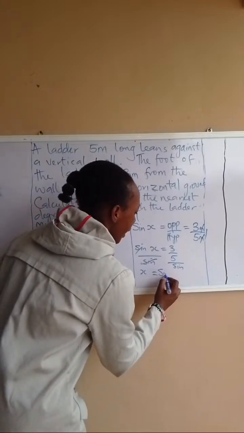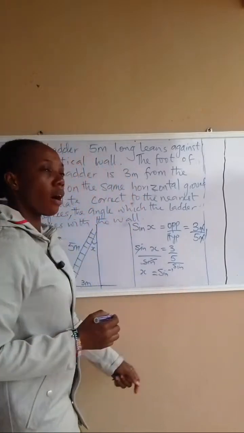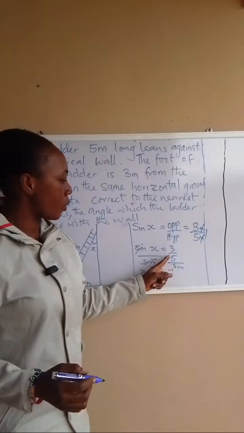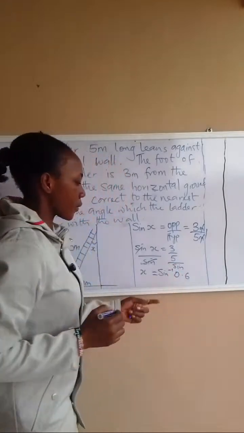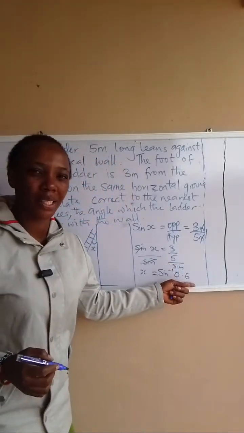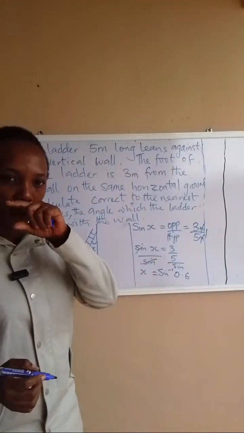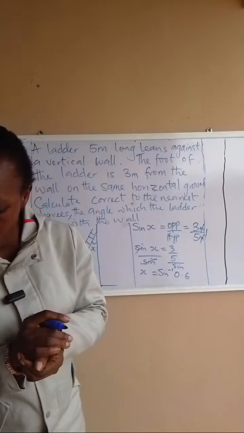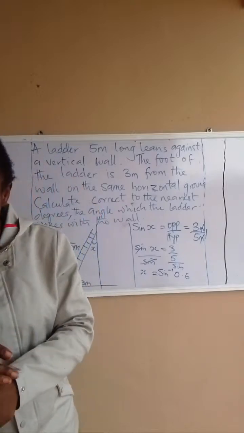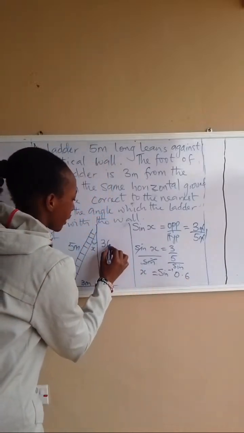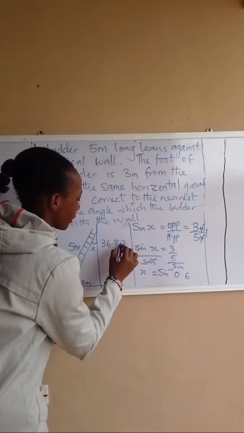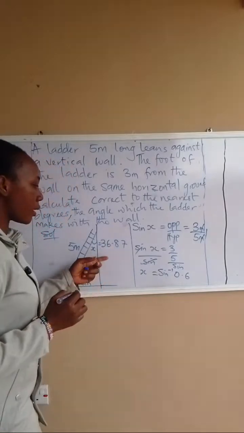So we have x equals sine inverse of 3 over 5, which is 0.6. So sine inverse of 0.6 is what we are asked to look for. When you punch your calculator, you'll definitely get the answer to be 36.87. This is the value for x.